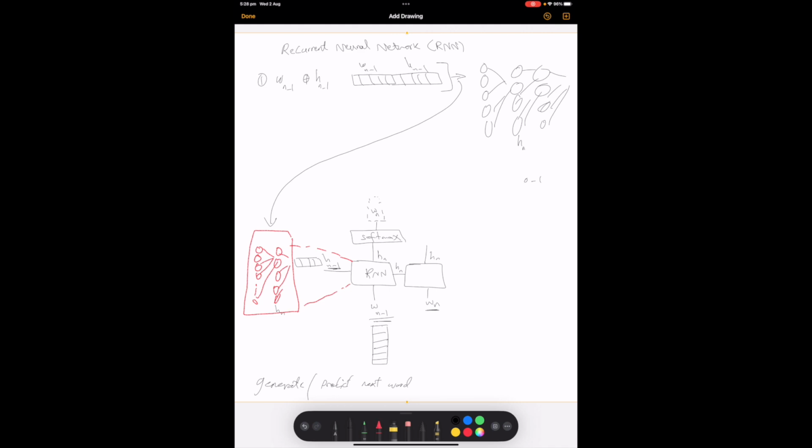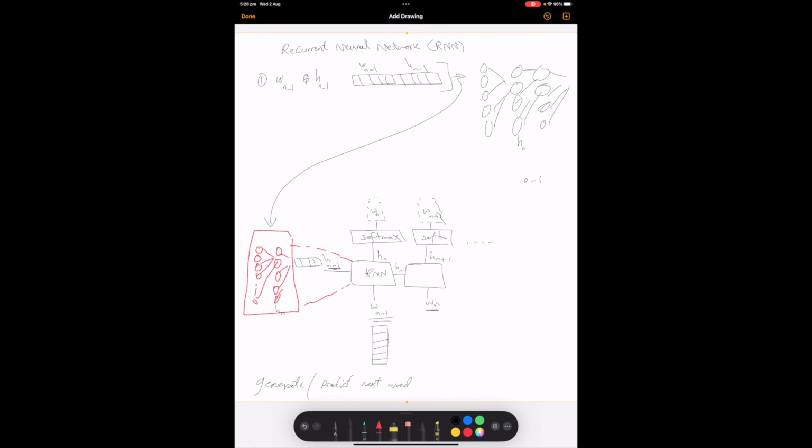We will generate the next hidden state, then we will have softmax, and then we will predict the next word, and we do the same for all other words in the sequence.